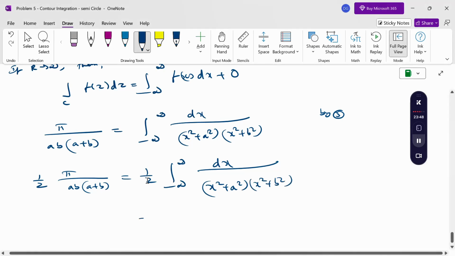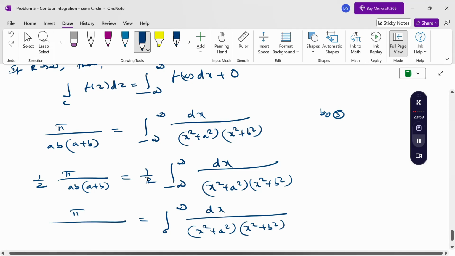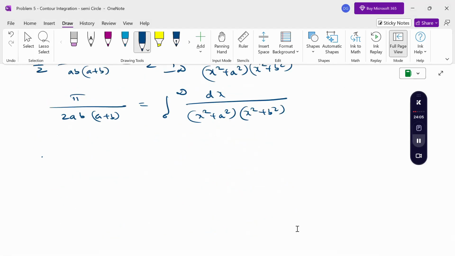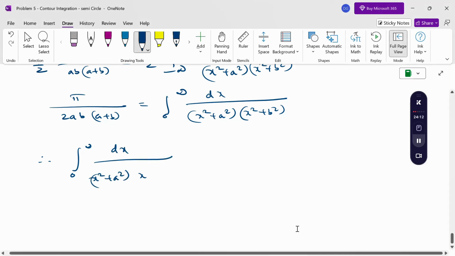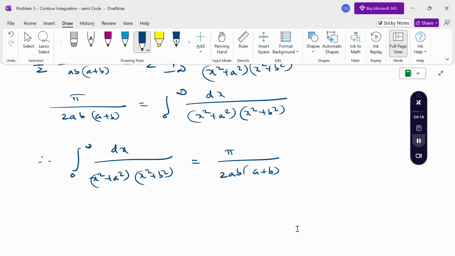Now this term is the value of the integral from 0 to infinity dx by (x square plus a square)(x square plus b square), which is pi by 2ab(a plus b). Therefore the final answer: integral from 0 to infinity dx by (x square plus a square)(x square plus b square) equals pi by 2ab(a plus b).